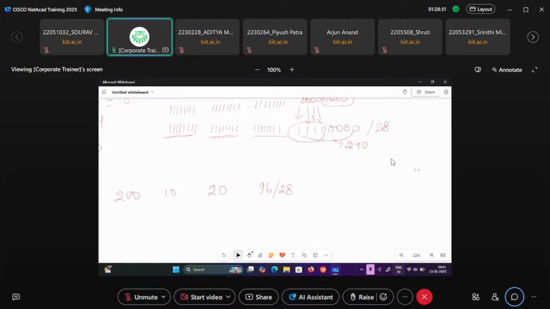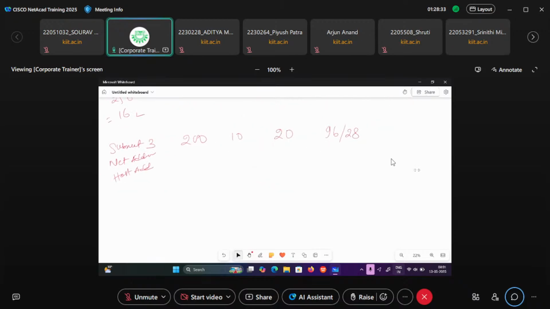Now look here. In this case, this is your net address, 200.10.20.96/28, and the first host address will start from 200.10.20.97. So 97 will be the first host address of the third subnetted network /28.